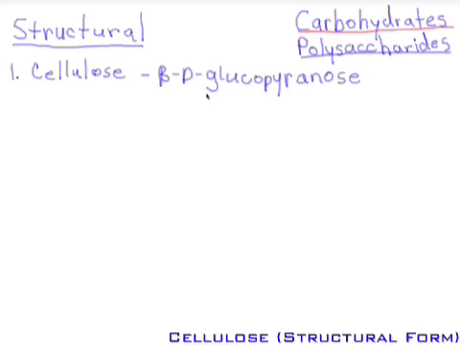Beta-D-glucopyranose units are joined through what is referred to, if you recall from disaccharide chemistry, a beta 1,4 linkage. So, let us draw.